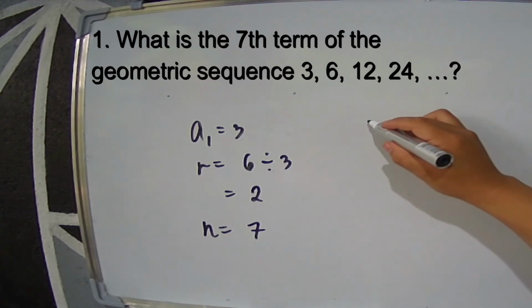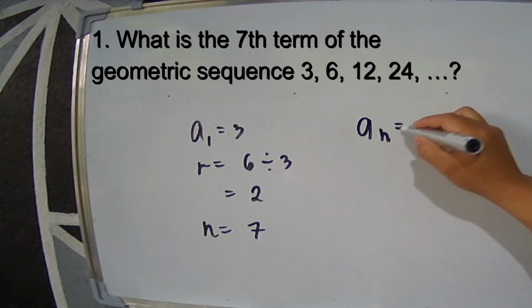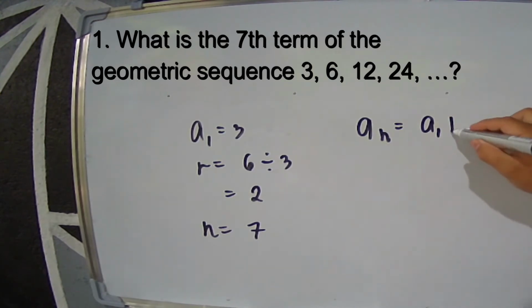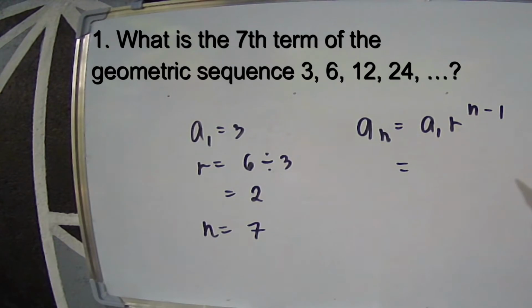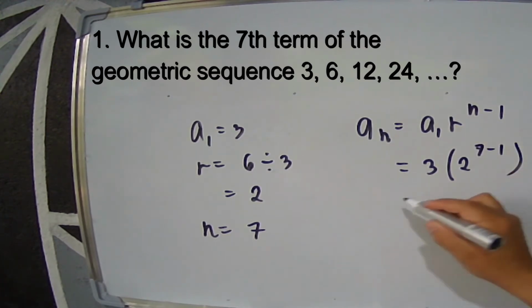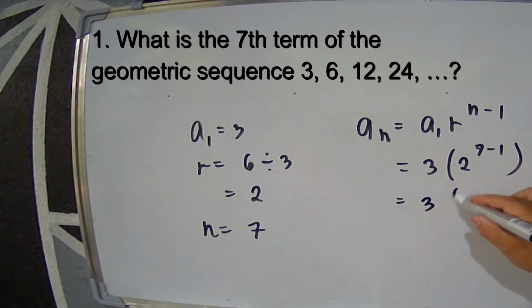Okay, let's use the formula. a sub n is equal to a sub 1 times r raised to n minus 1. Let's substitute the given values. a sub 1 is 3 times r, which is 2, raised to n minus 1, that is 7 minus 1, which is 6.